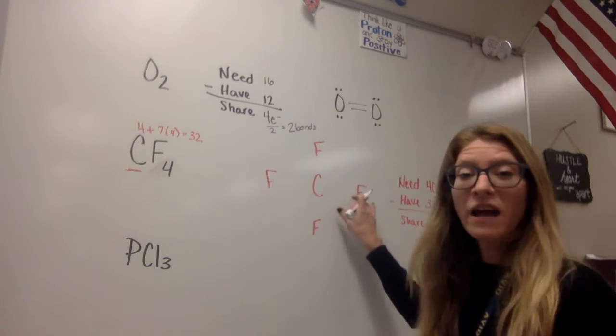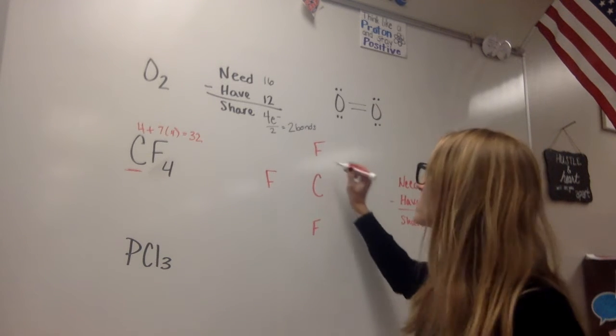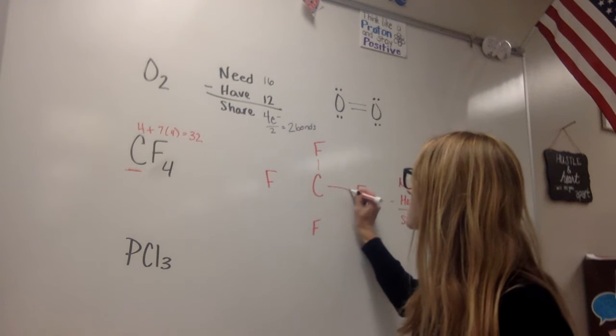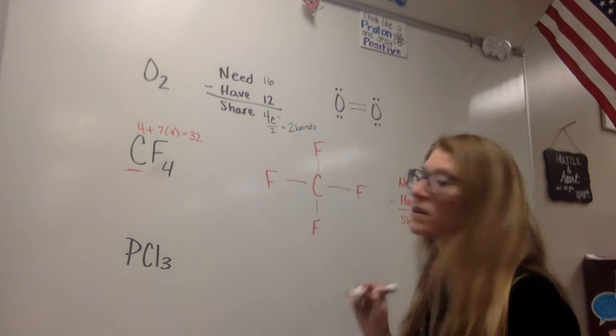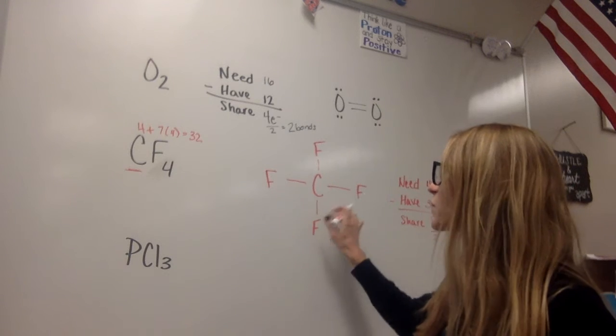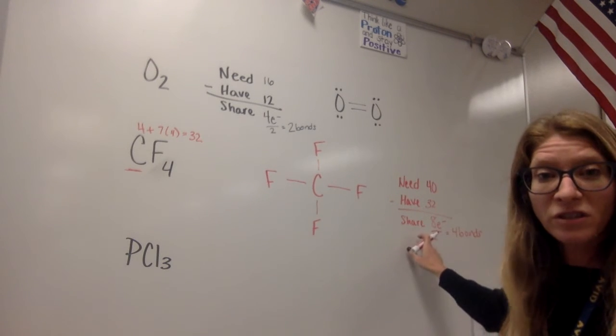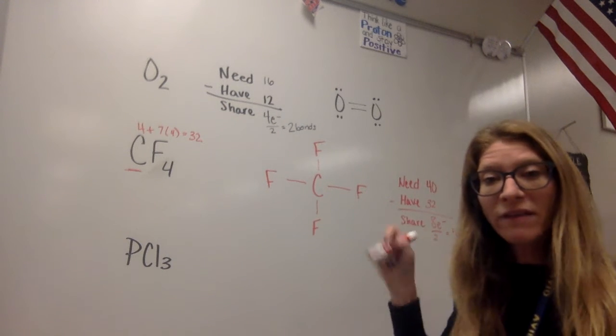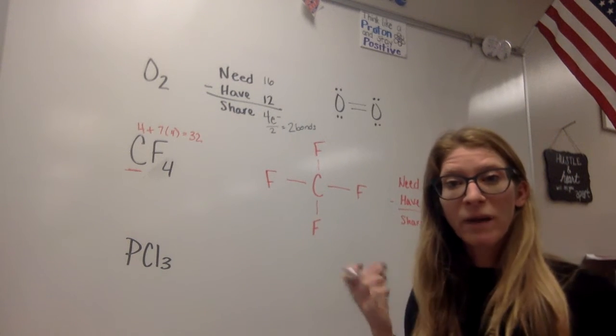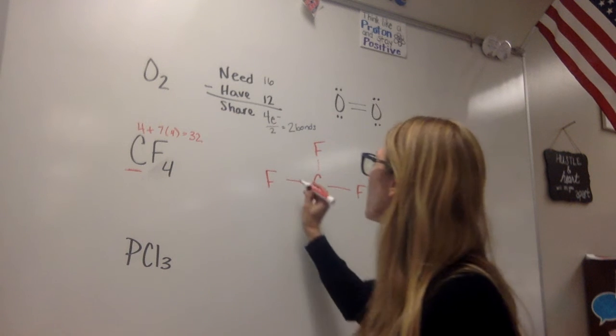We have 4 fluorine atoms that need to be bonded to the central atom. So one bond will go here, the second will go here, third one will go here, and a 4th one will go here. That's our 4 bonds, or our 8 shared electrons. Once you get all those shared bonds in, then you add the extra electrons so that each atom has or shares a total of 8.